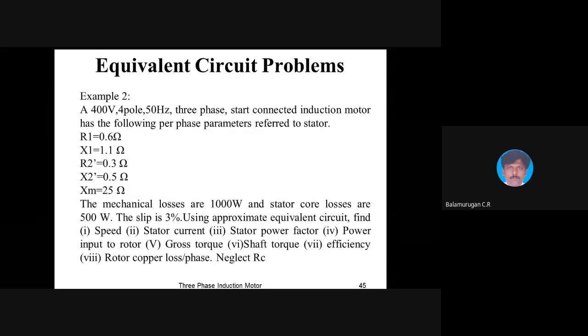So I1 is equal to I2 dash plus I naught. Tell the value: 21.54 angle minus 8.06 plus 9.24 angle minus 90.